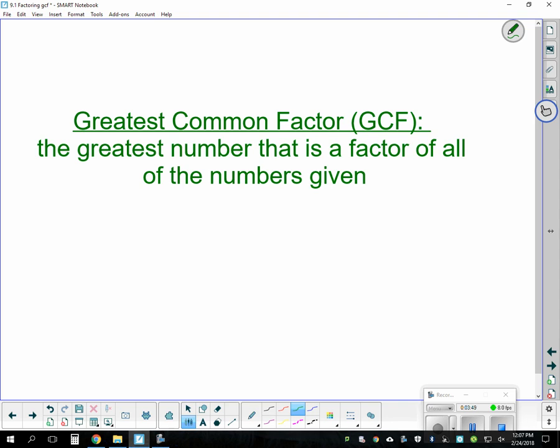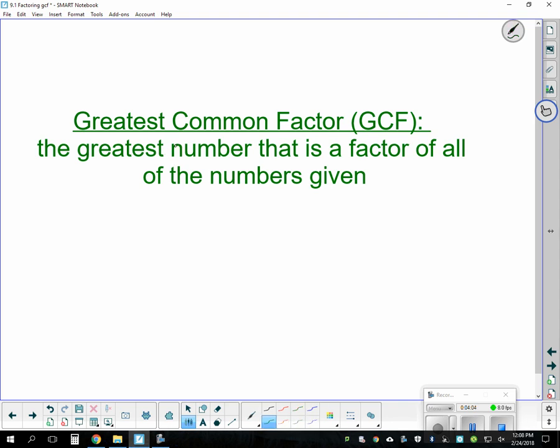First of all, we need to know greatest common factor. We need to know what that GCF stands for if you didn't already. The greatest common factor is just the greatest number that's a factor of all of the numbers given. And I'm going to update this.